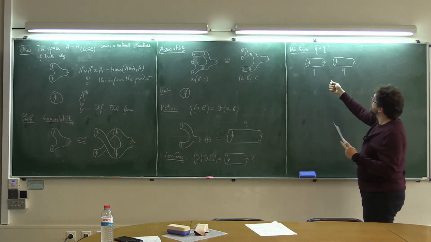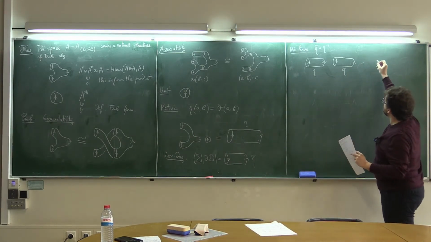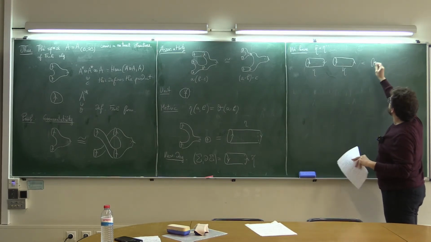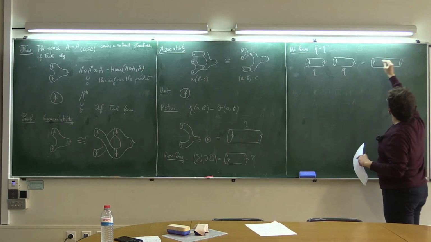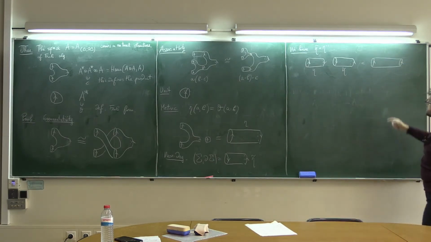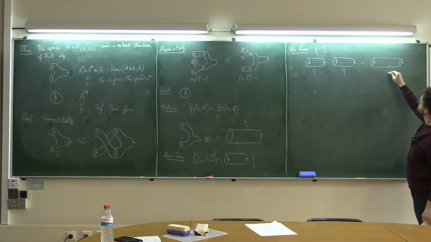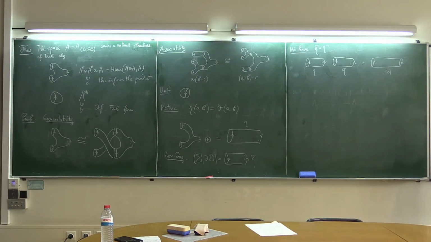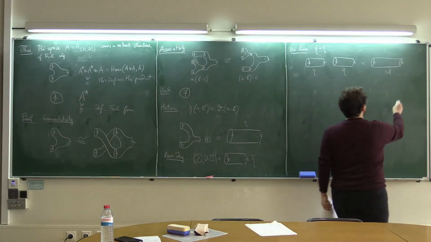I use the factorization axiom. This is equal to what? I obtain the cylinder with these orientations. But by the normalization axiom, the linear form attached to this cylinder is the identity. So this completes the proof.